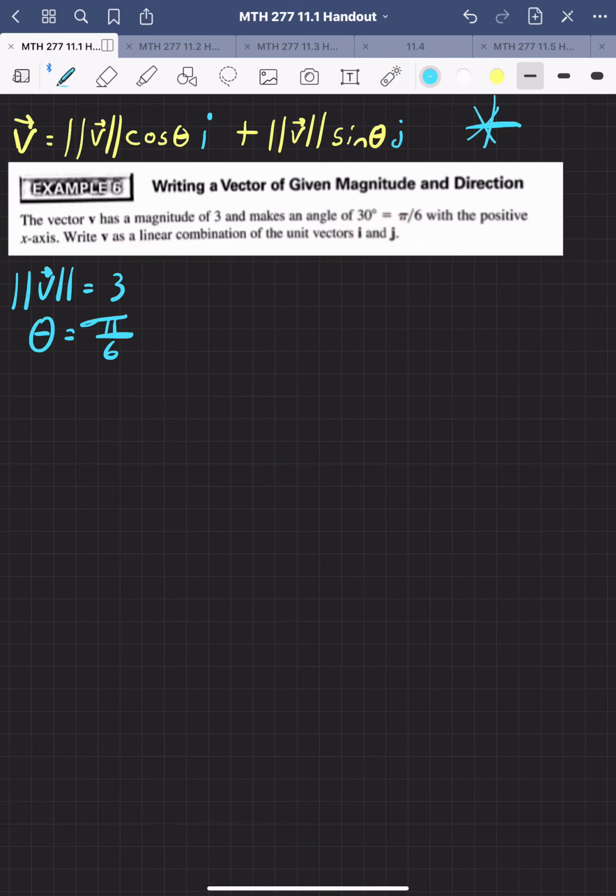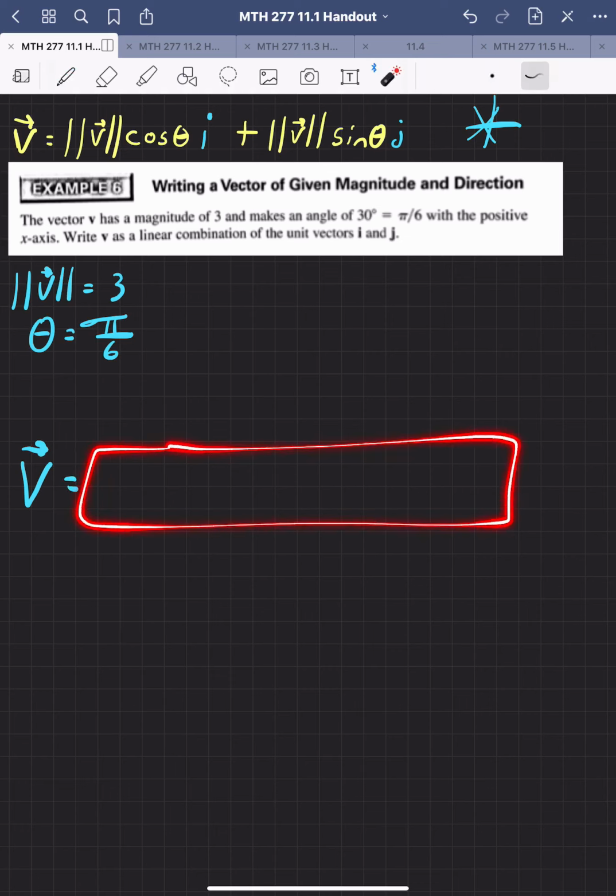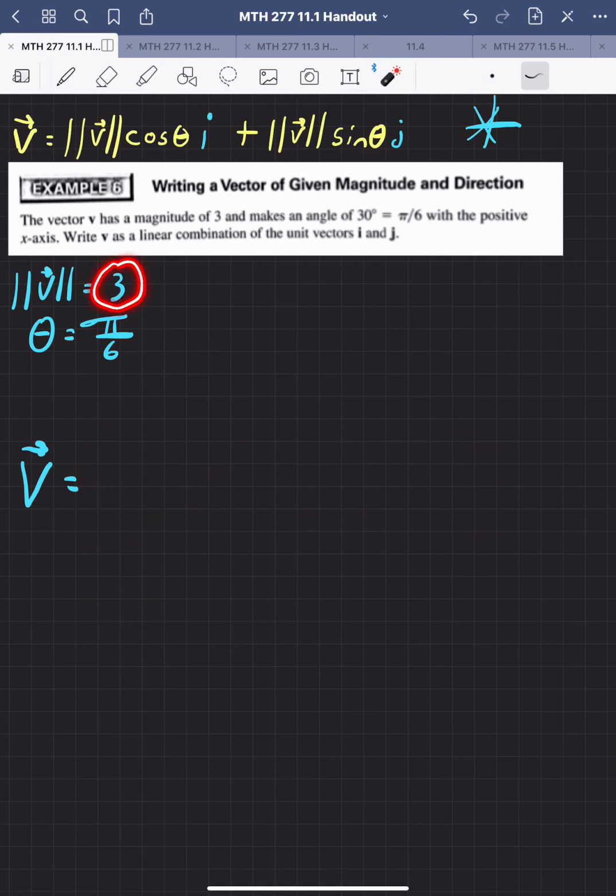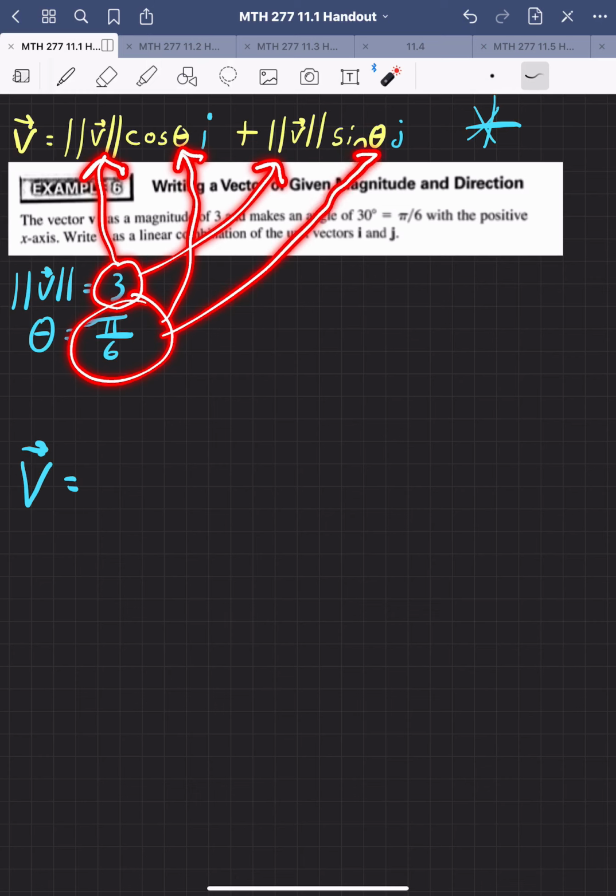All that means is we want vector v in ij notation. So watch how easy this is. All we have to do is plug 3 in for the magnitude using our formula above, and plug pi over 6 in for theta. Do a little bit of arithmetic, and then we're done.